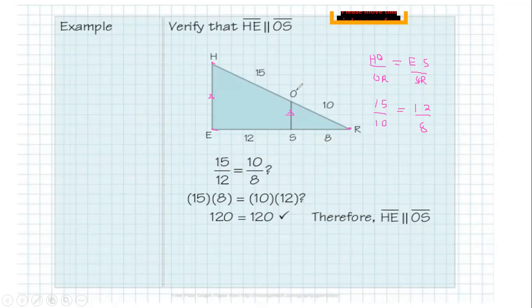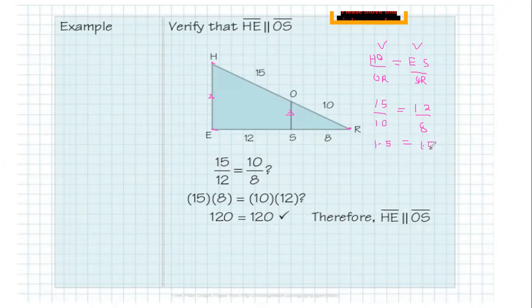But remember, they want us to verify, so we should check whether this ratio is similar to this ratio. If so, then the two lines HE and OS are said to be parallel. If we work out this side, we end up getting 1.5. Then if we work out the other side, 12 divided by 8, it is also 1.5.